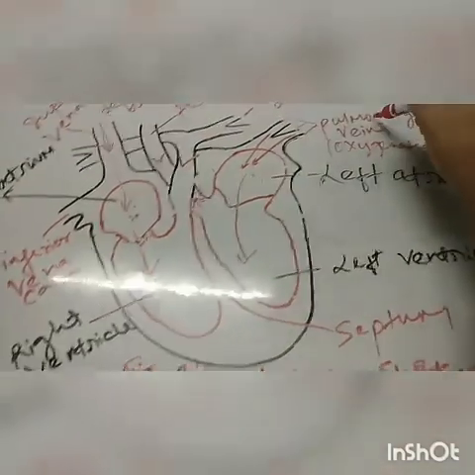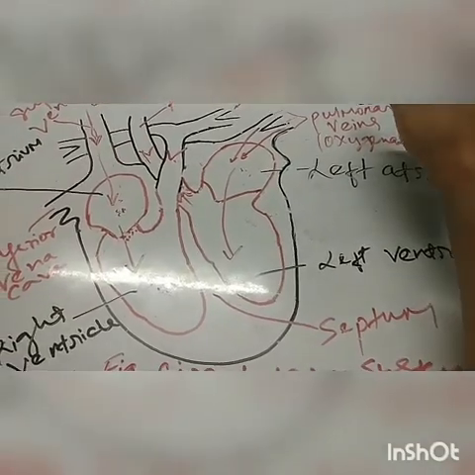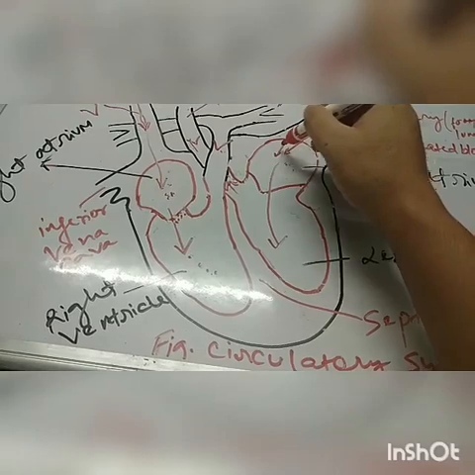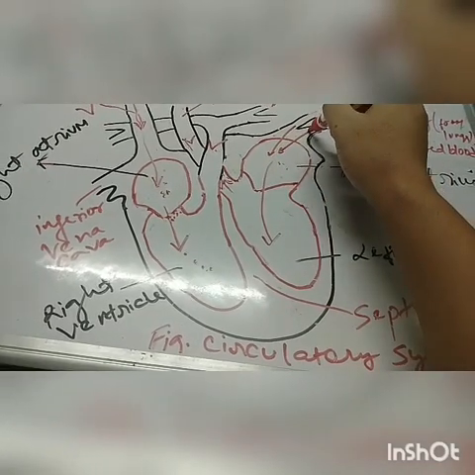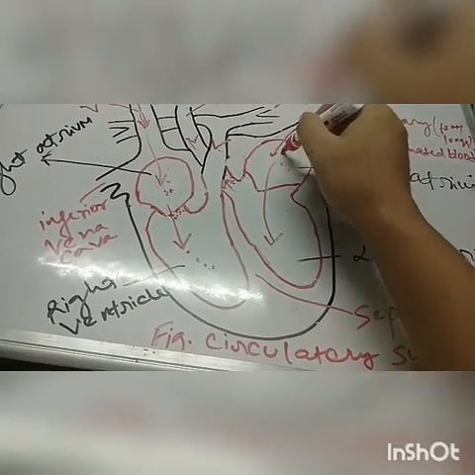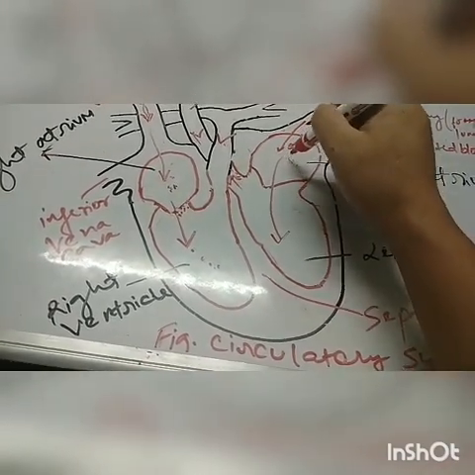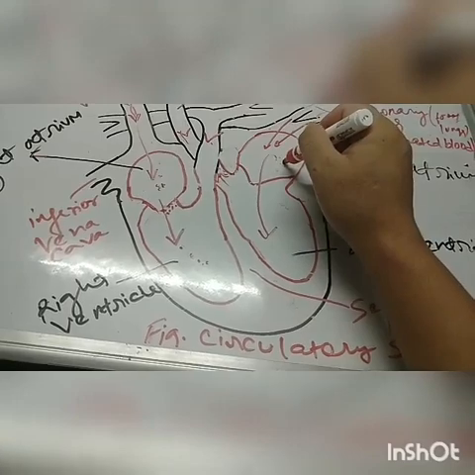These pulmonary veins, two veins, bring oxygenated blood from the lungs, and pour it down towards one chamber called the left atrium.